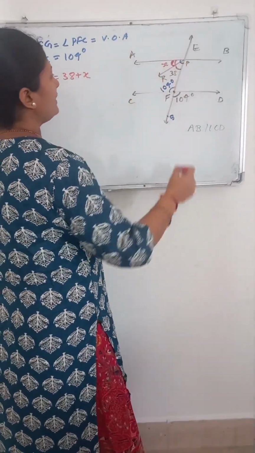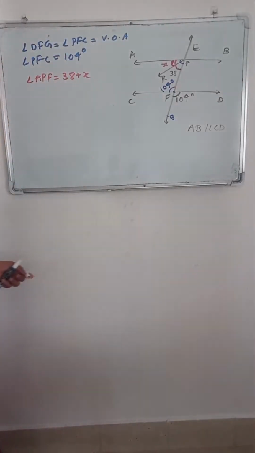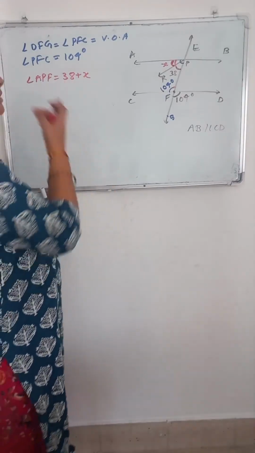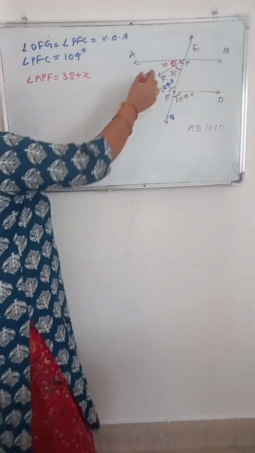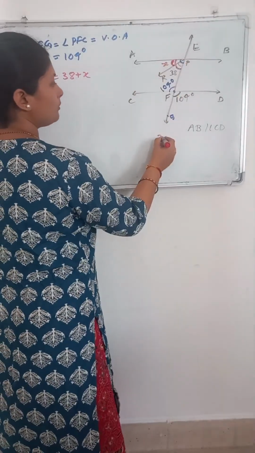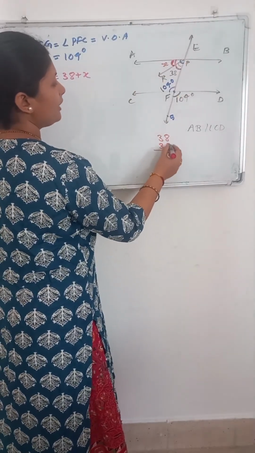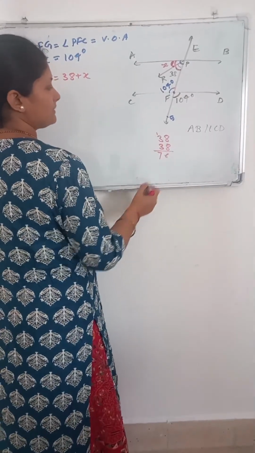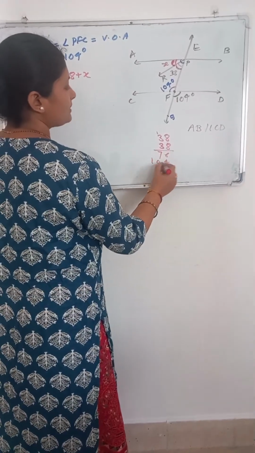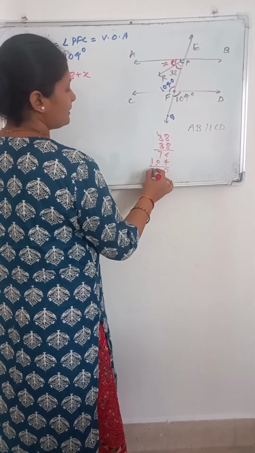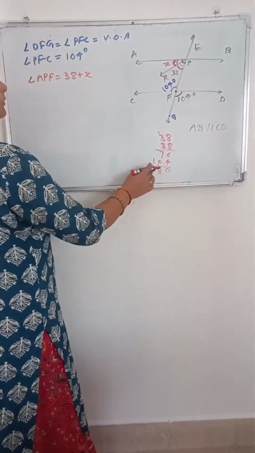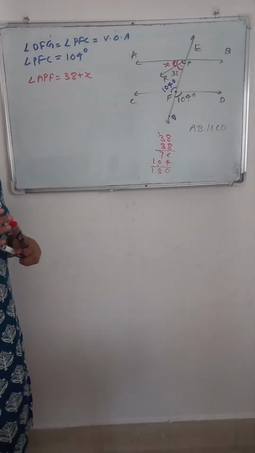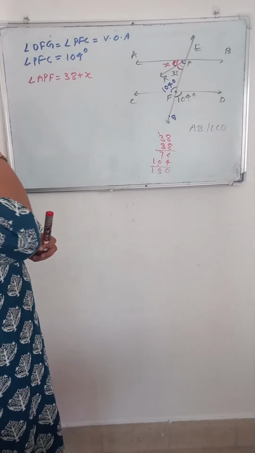So I will show you two different methods. If this is 38, then this is also 38. 38 plus 38 is how much? 76. And 76 plus 104 is what? You will get 180. Okay, so an angle bisector bisects that angle into equal amounts.